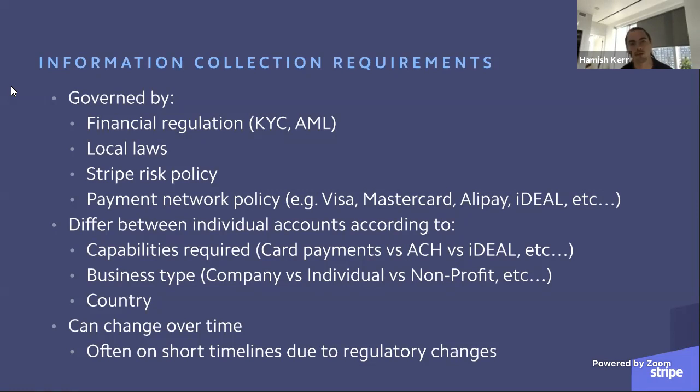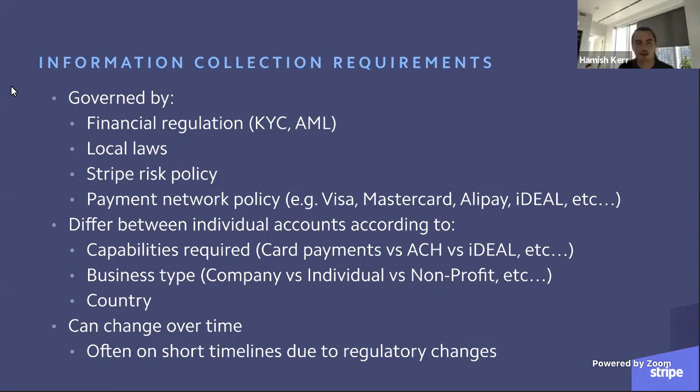But the information that we collect on onboarding is also controlled by things like local laws, so certain countries may require certain information to be collected, our own risk policy, and it's also dictated largely by the payment networks that you have access to when using Stripe. If you're interacting with Visa, MasterCard, or other networks like Alipay and iDEAL, they may all have their own specific onboarding requirements, which we need to pass on to the end customers.